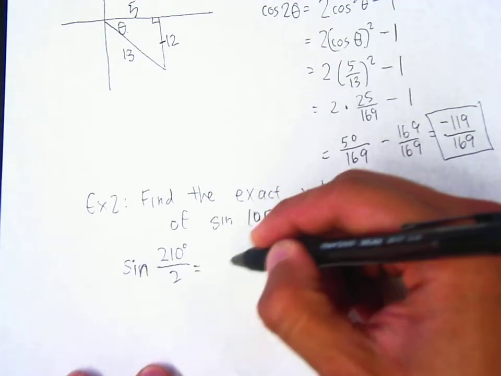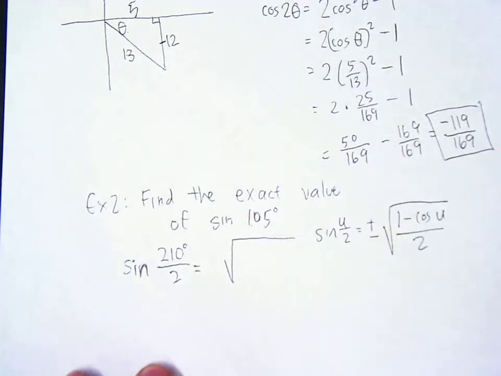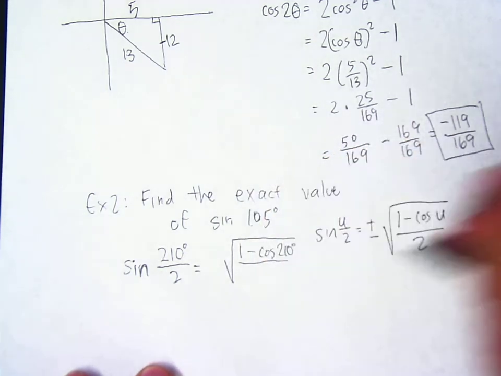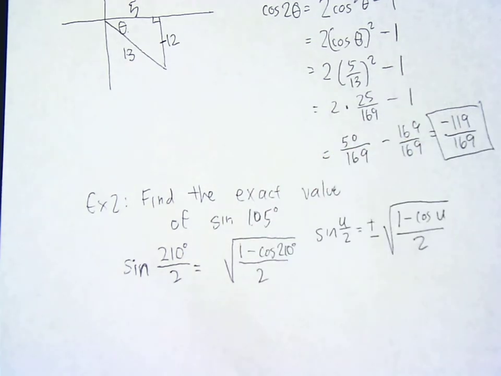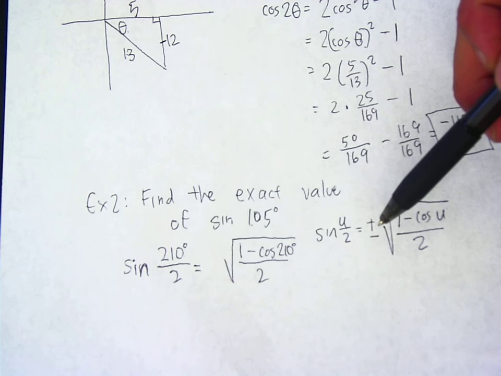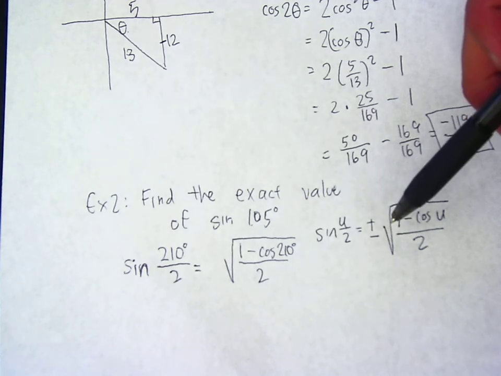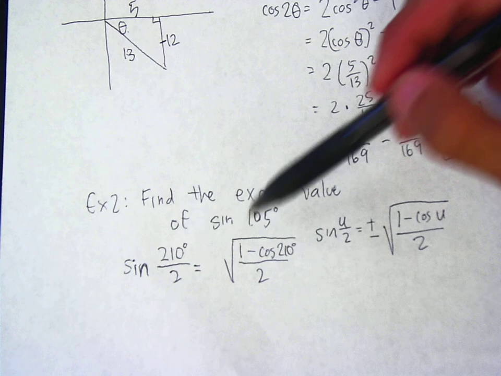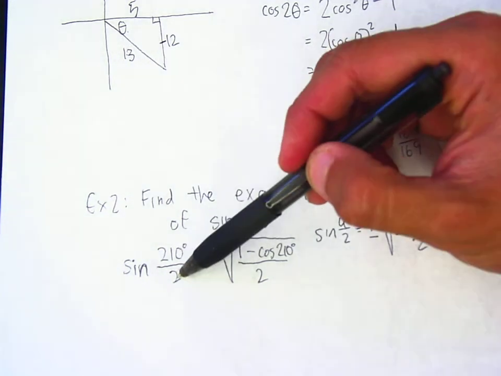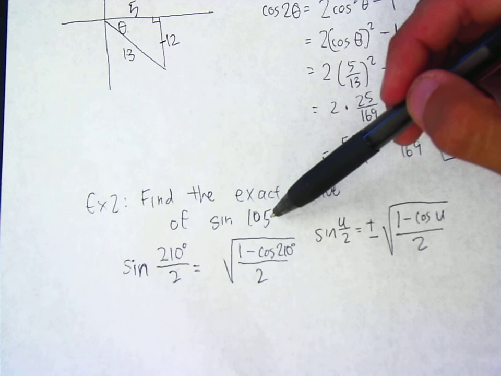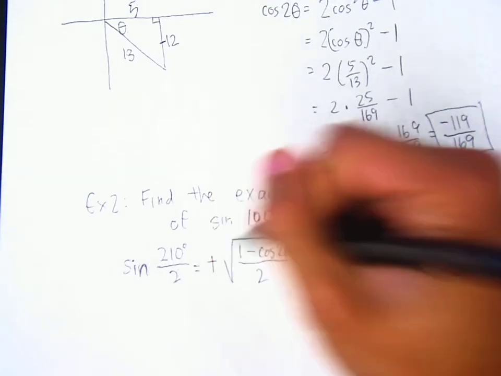So I'm going to equal square root of 1 minus cosine of 210 degrees all over 2. Okay, and then if you remember from your notes, it said you're going to use plus or minus depending on what sine of u over 2 is. Well, sine of u over 2 is 105. So sine is actually positive in the second quadrant, so it is going to be positive. Okay.